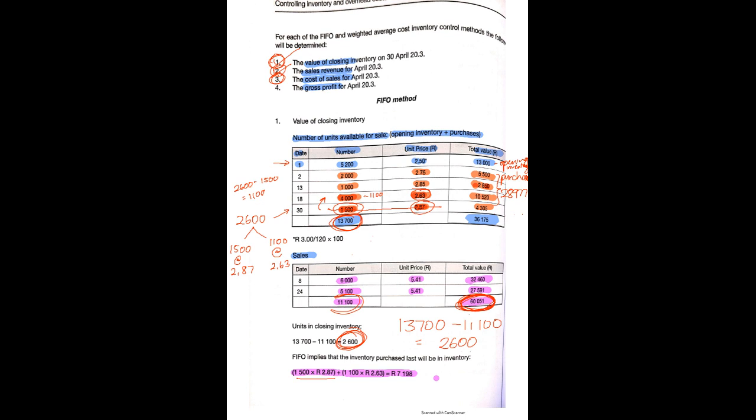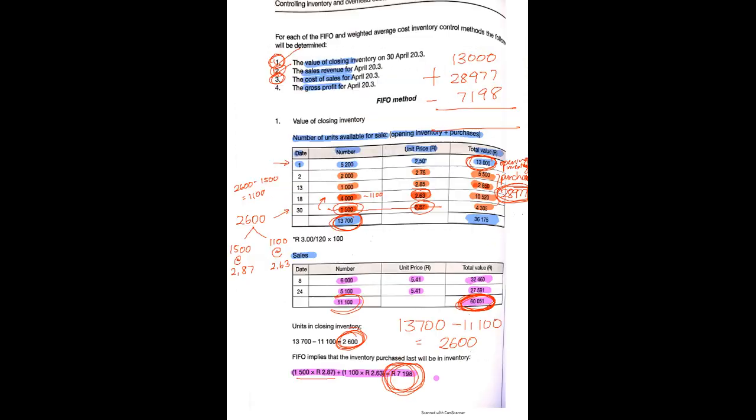So your opening inventory is this item that I had pointed out to you here, the 13,000. It says to then add on your purchases. Your purchases, I said to you, was this 28,977, and subtract your closing inventory, which we just calculated at the bottom here, was 7,198. And that would give you your cost of sales, which is 20. Sorry, I actually gave you the wrong value here.